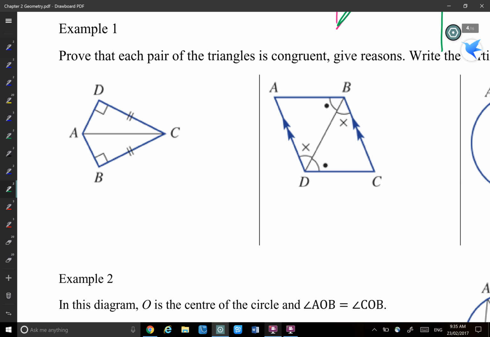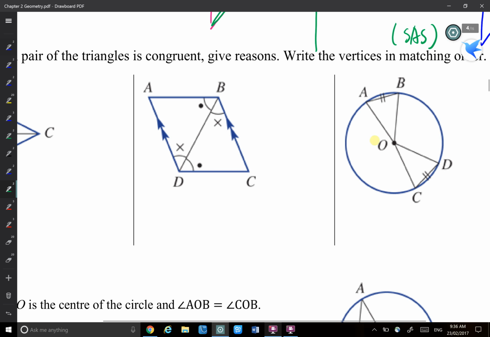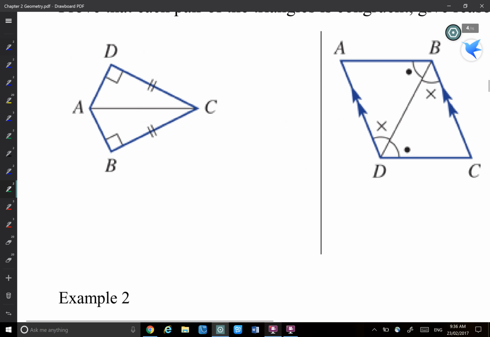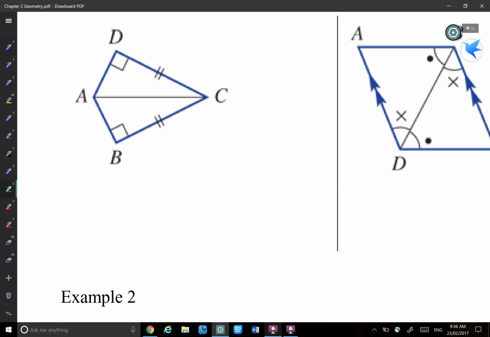For example 1, prove that each pair of triangles is congruent. Give reasons. We write the vertices in the matching order. So we have triangle ABC and triangle ADC. What do we have?